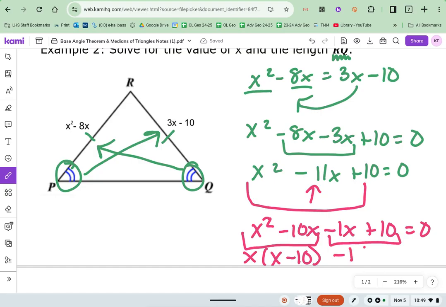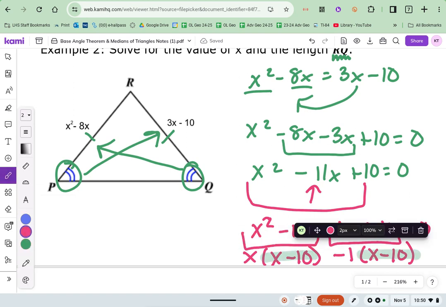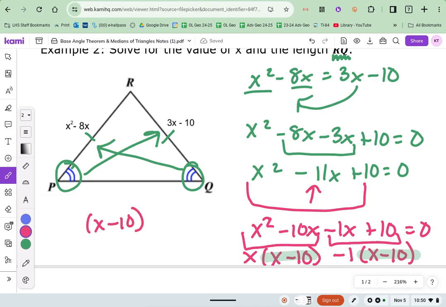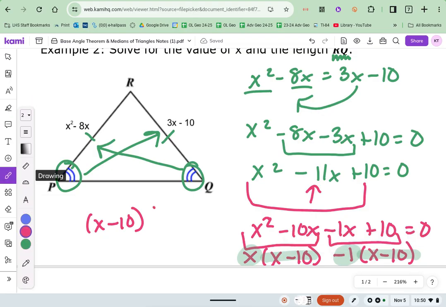I'm going to pull out the negative 1 so that I have x minus 10 because I want my parentheses to be the same. And then my first term is coming from my parentheses that are in common. So x minus 10 is one factor. And then the other one comes from what's outside of the parentheses. So x minus 1 is the other factor. So if you set each of those equal to 0, x equals 10 or x equals 1.